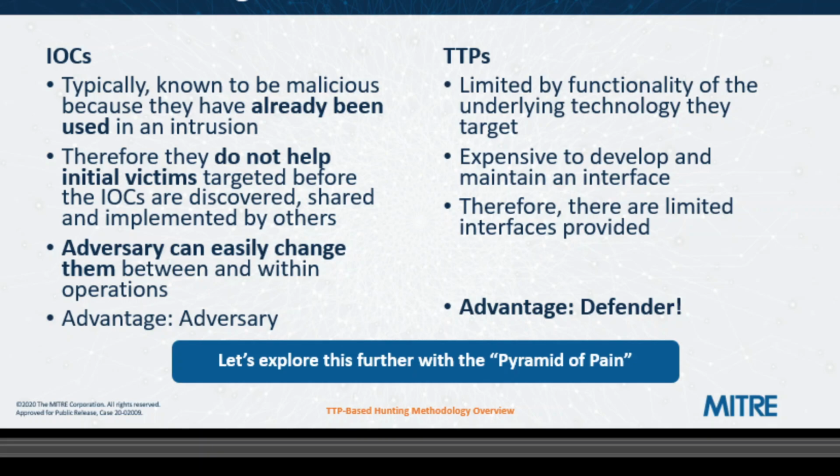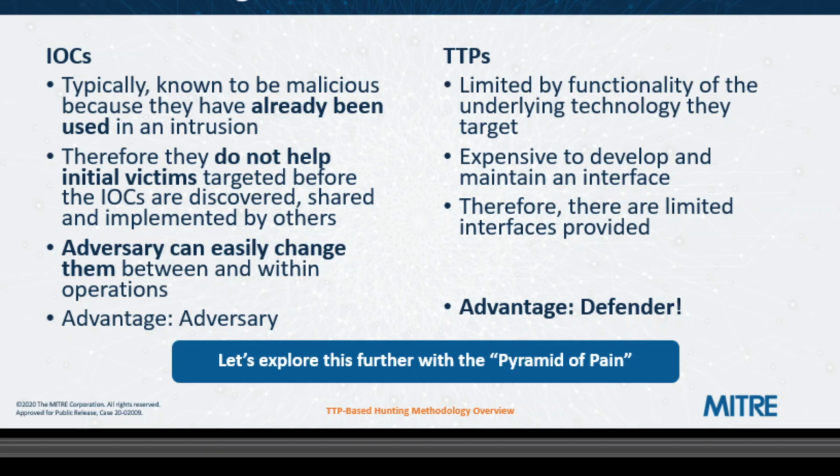And as we talked about earlier, these tend to be things that are pretty easy for an adversary to change. We're going to talk about that a little bit more with David Bianco's Pyramid of Pain. On the flip side, TTPs are really more constrained by the technology on which the adversary is operating.